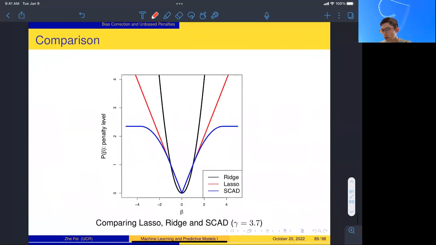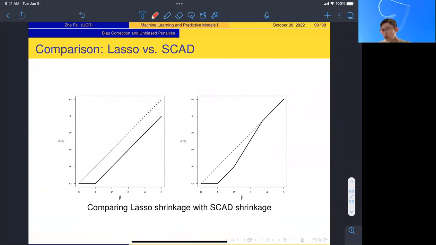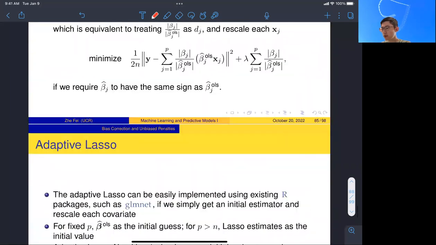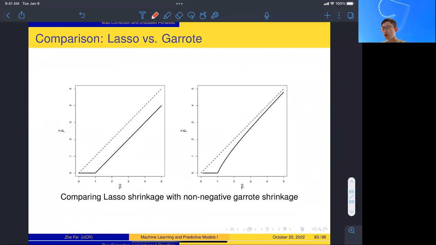Without going into too much detail, we can just look at some illustrations of the performance. Let's look at the estimates, maybe the first one here. Here, essentially what we show is a comparison of this beta hat.